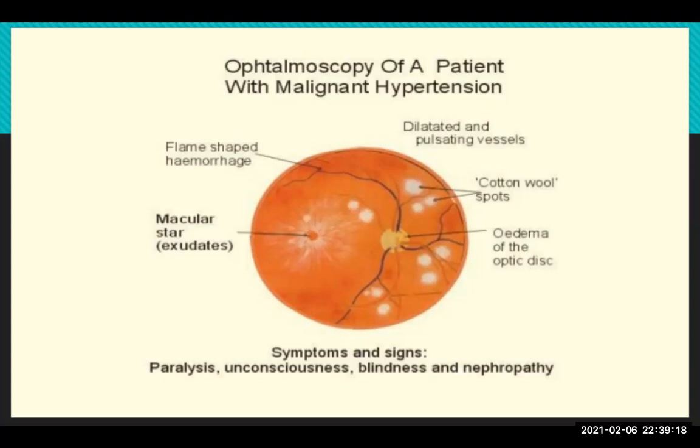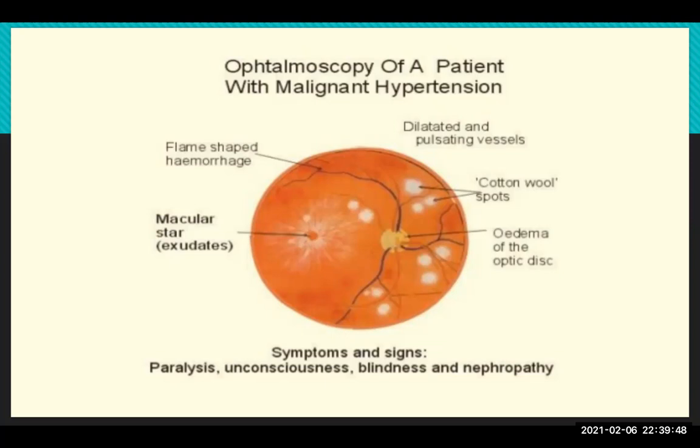And you will find a very important sign here to differentiate between hypertensive retinopathy and central retinal vein occlusion and other pathologies, which is the narrowing of the blood vessels, of the arterioles. You will find that the arterioles are so narrowed and the veins may be of normal or increased size and lumen due to stagnation and engorgement.